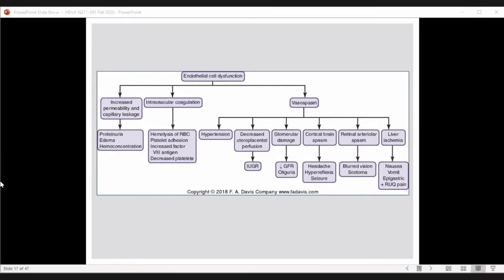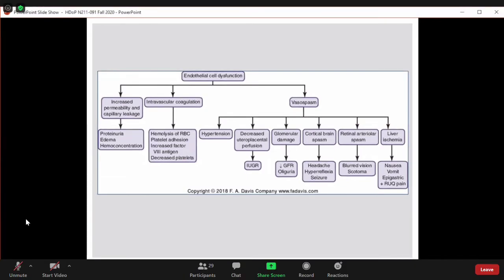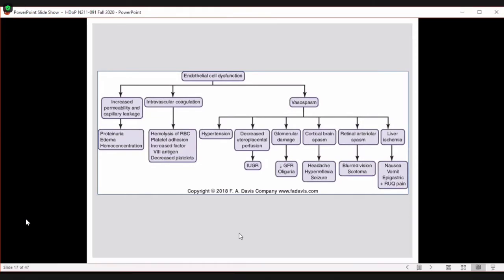What does that mean for our fetus? No oxygen. It doesn't mean no, it means less, right? Reduced oxygen, reduced glucose. So this baby is going to be smaller.